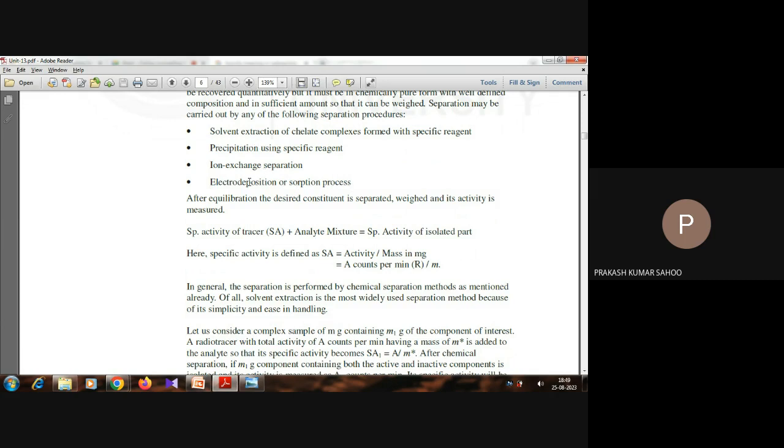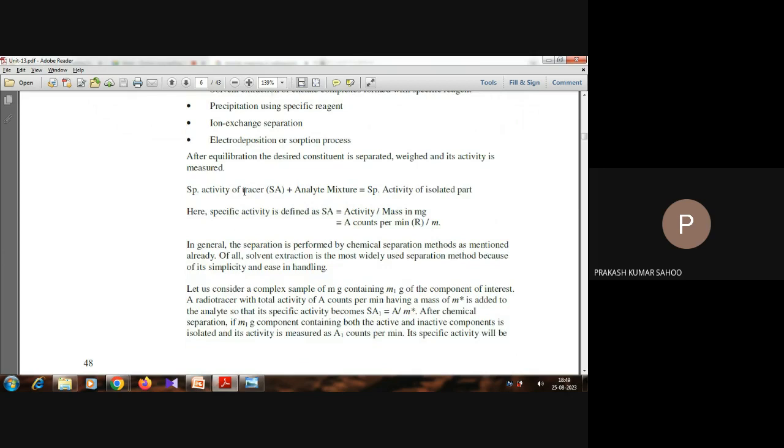These separation techniques we have already discussed in our paper 2, that is separation techniques. Then we have the specific activity of radio tracer SA plus analyte mixture, that is the sample, equal to the specific activity of the isolated part.